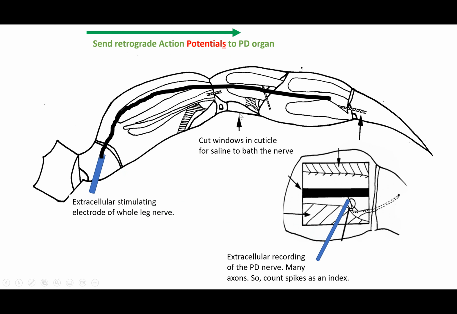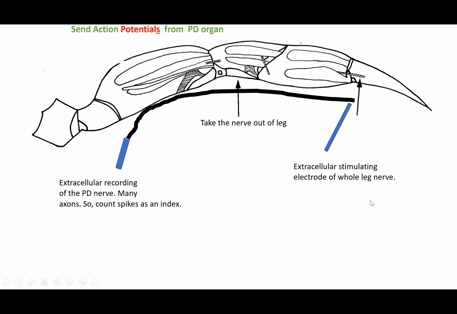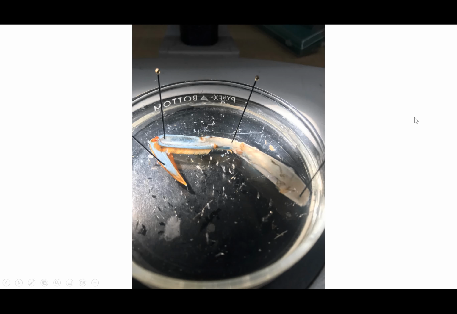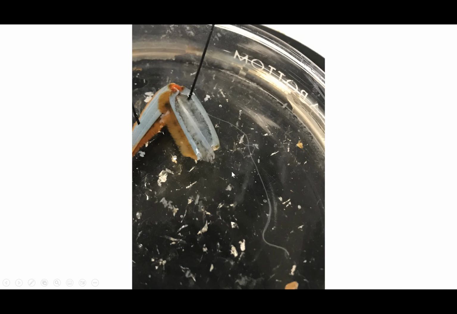We stimulated the nerve, recorded over here, and we found out what's going on. We also then cut the chordotonal organ out, so we only had the nerve. All right, so there's the prep, there's the nerve right there, dissected out, whole leg. There's the nerve there, dissected away from the leg, so we can put a suction electrode here, put another one there, stimulate down the nerve, and record the compound action potential.